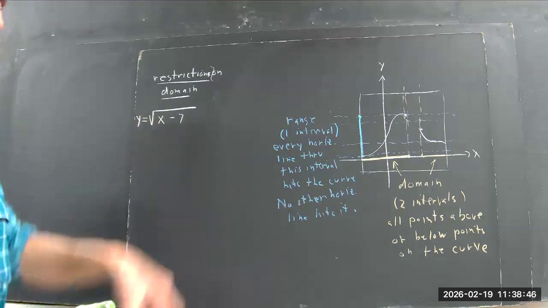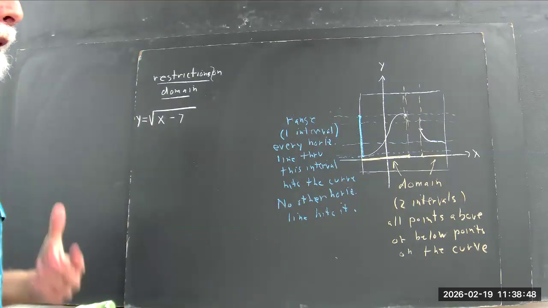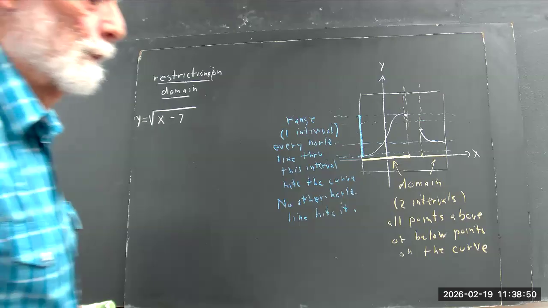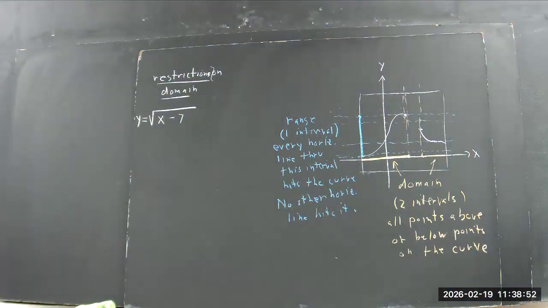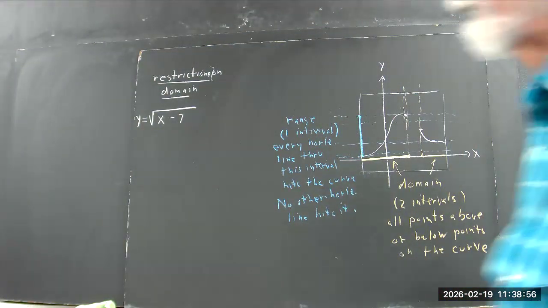If you got y equals the square root of x minus 7, this only works if x is bigger than 7, or if x is at least 7.